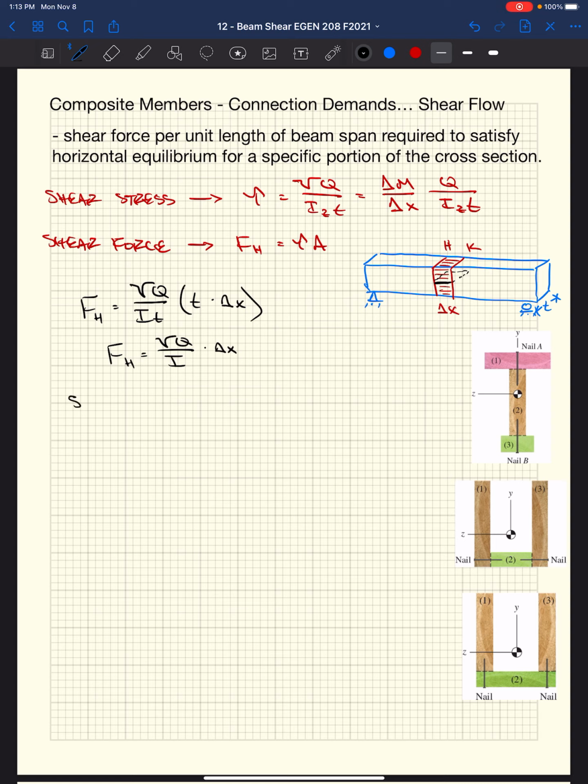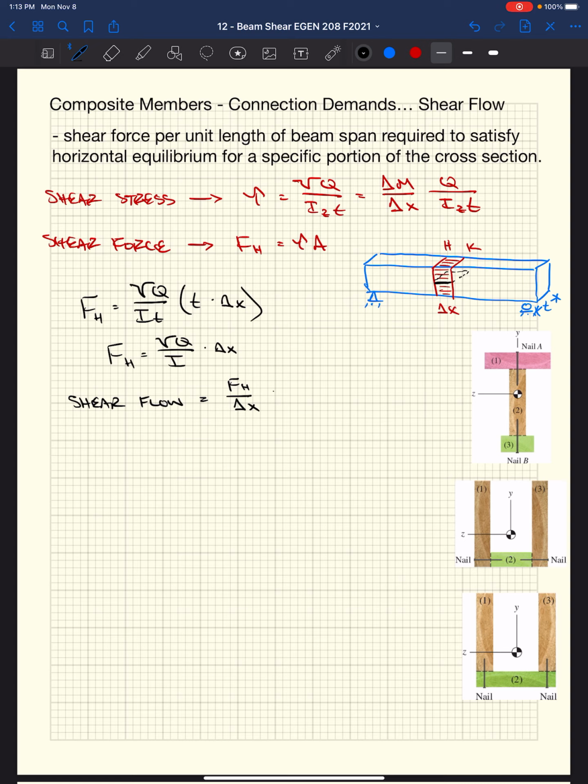Our shear flow, which is a shear force per unit length, really is the horizontal force divided by a unit length.